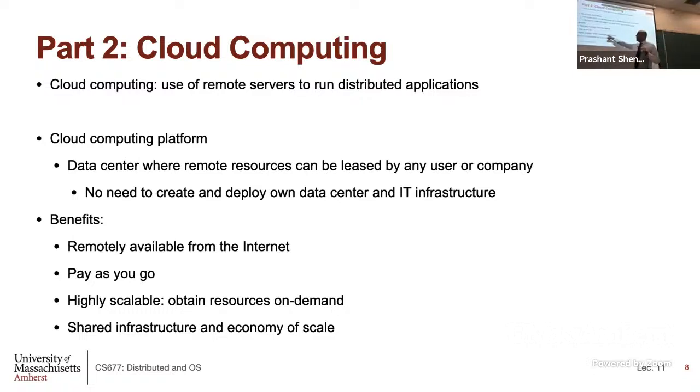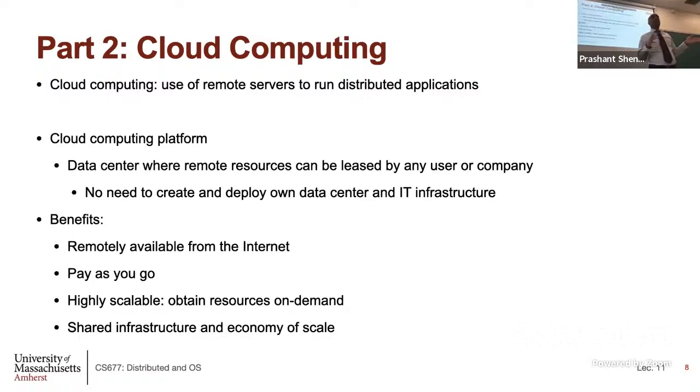It's going to be highly scalable because you can add resources on demand. If your application that's running on the cloud server gets overloaded, you don't have to go buy a new server. You just ask the cloud provider for a bigger server, and you migrate your application to the bigger server. You're done. You just pay a higher monthly bill, but there's no need to go buy a server or anything like that.